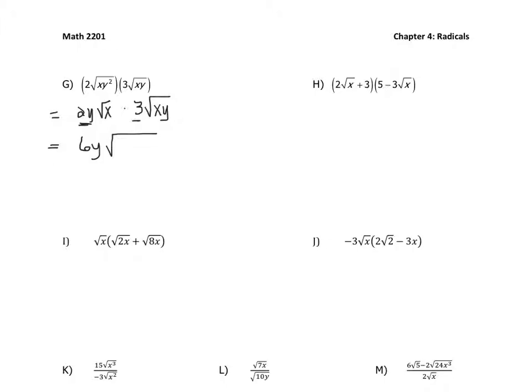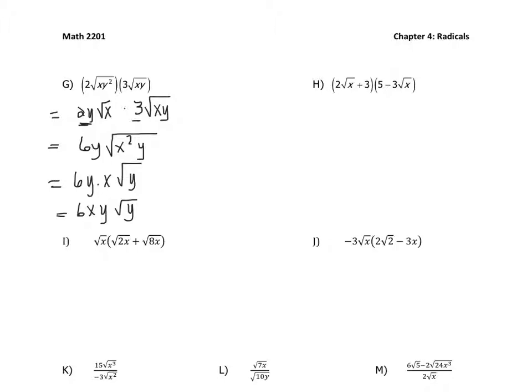And under the root sign, you have an x times xy, which is going to be x squared y. And so now, because there's an x squared there, that x can come out. Square root of x squared comes out as x, and you're left with root y. And most times people will put the variables in alphabetical order, so they'd write that as 6xy root y.